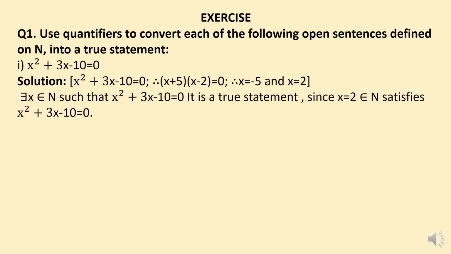Thus you write that there exists x belongs to N such that x square plus 3x minus 10 is equal to 0. Now this is a true statement because x is equal to 2, which is a natural number, satisfies the given condition x square plus 3x minus 10 is equal to 0. I hope you understood this. If not, just go through the sum once again.